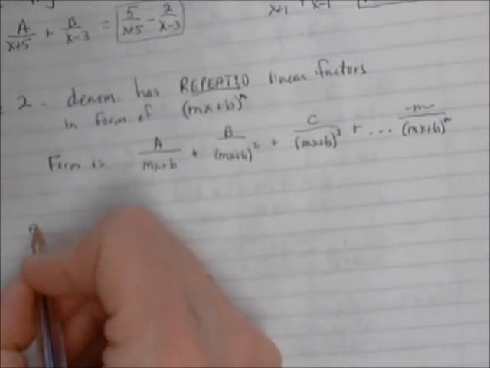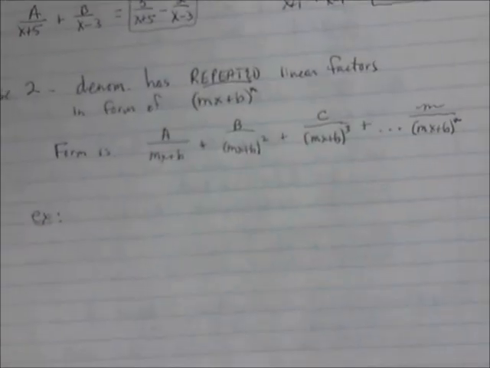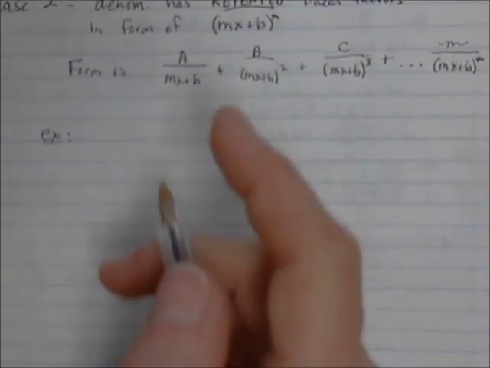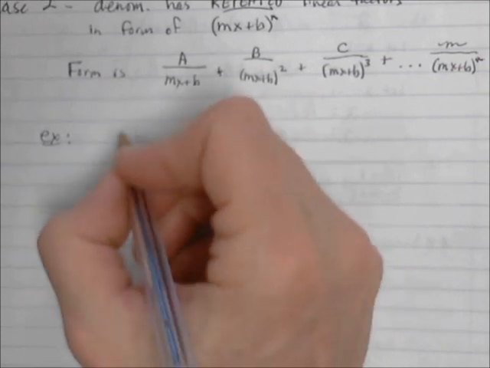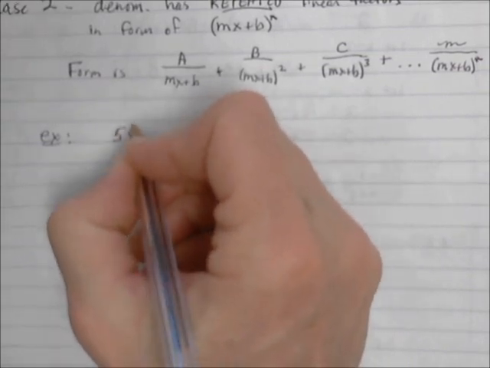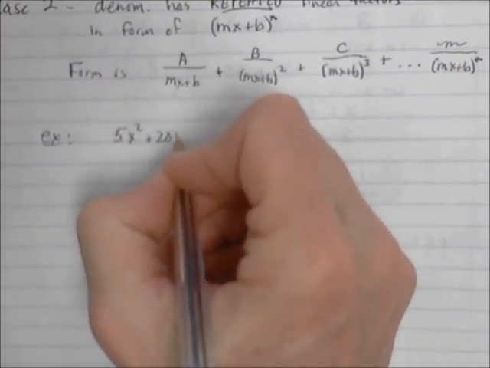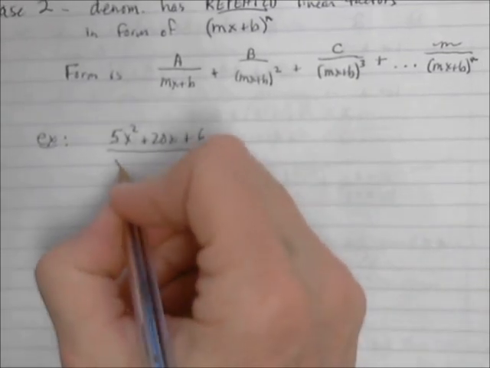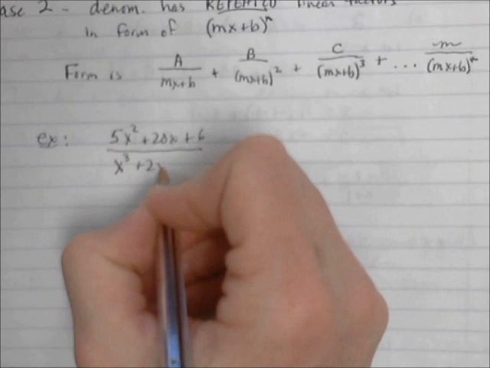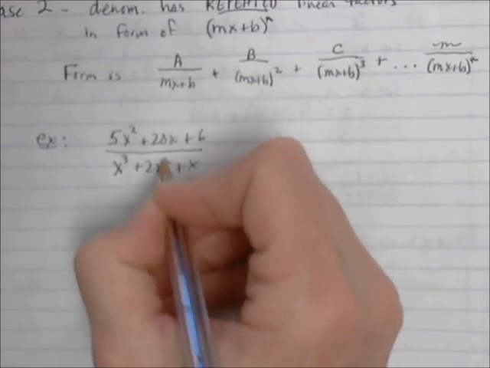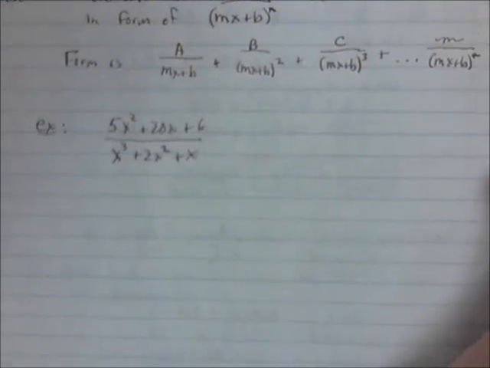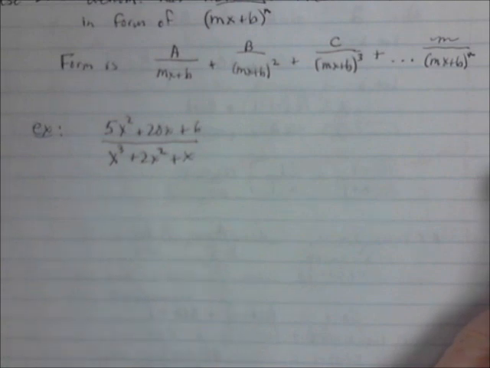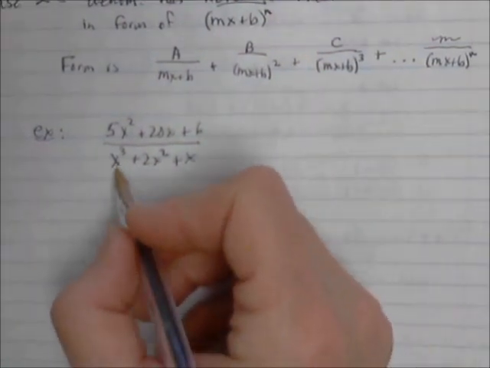So what does this look like in an example? Hopefully I'll get time to do 3 examples for you. The first one will be 5x squared plus 20x plus 6 all over x to the third plus 2x squared plus x. This looks a little more complicated than what we had yesterday. But what we're going to do is factor the denominator.